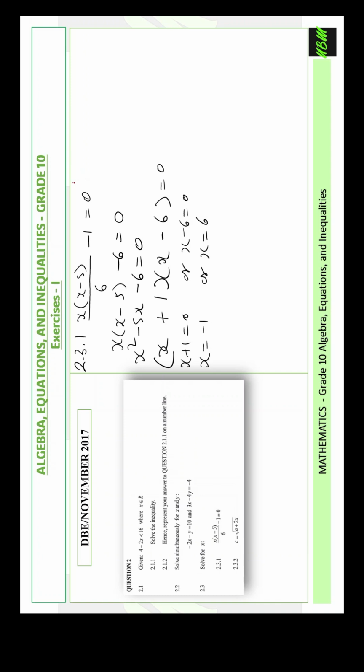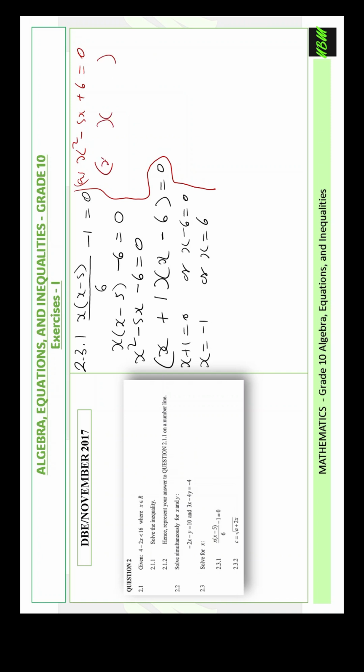So let's say we have this question A, equation A, the quadratic x squared minus 5x plus 6 is equal to 0. Solve for x.